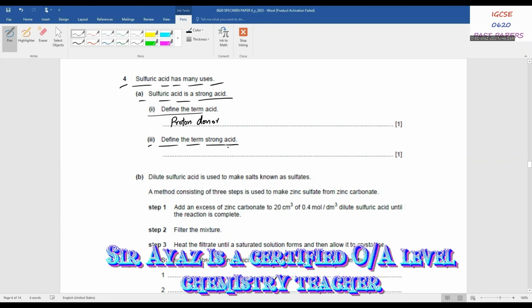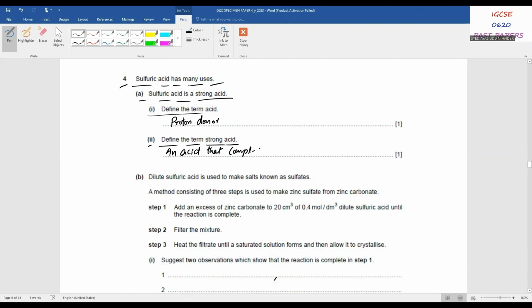Strong acid completely dissociates in aqueous solution. So you write acid that completely dissociates in aqueous solution.